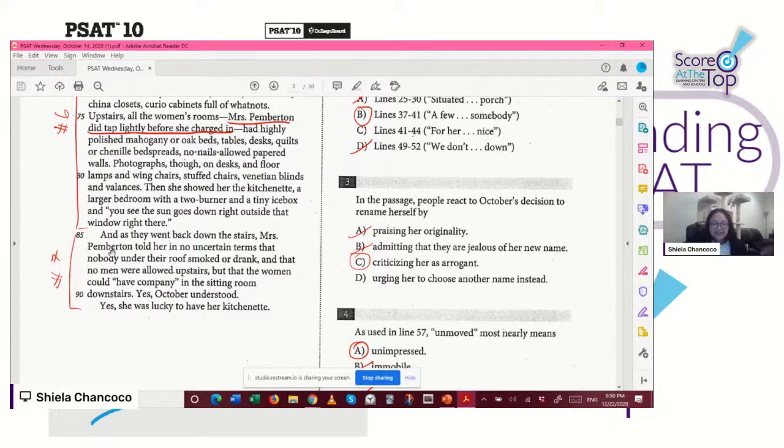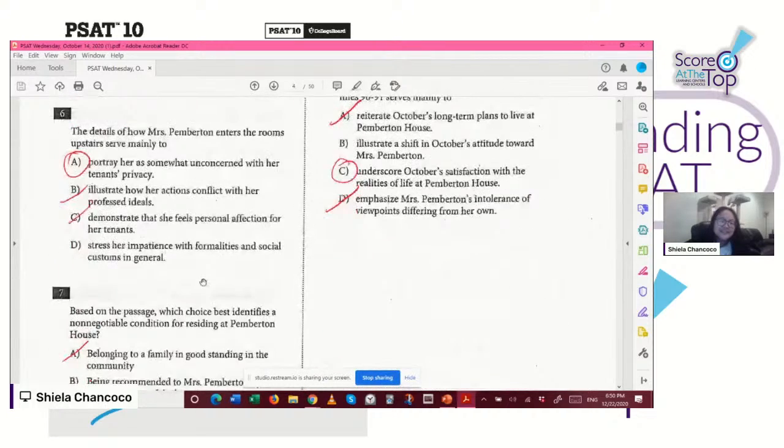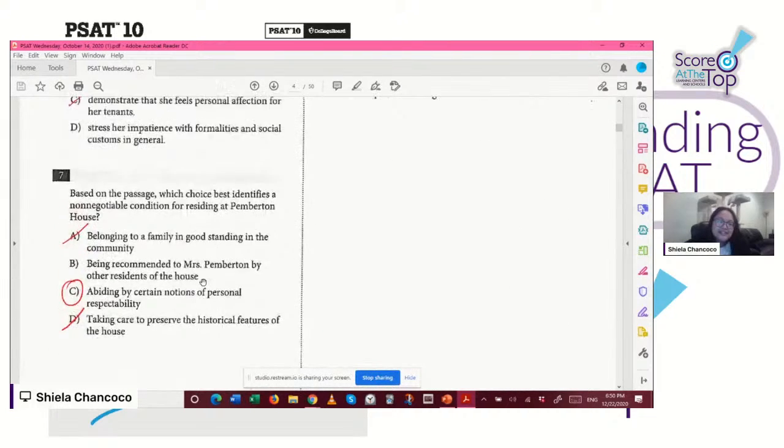She said that nobody under this roof smoked or drank, and no men were allowed upstairs because it was all ladies upstairs. And then she said the women could have company in the sitting room. So men can visit to court. And this was in the 50s, right? So that's how you meet women. You court them in their respective houses. That's what I was visualizing.